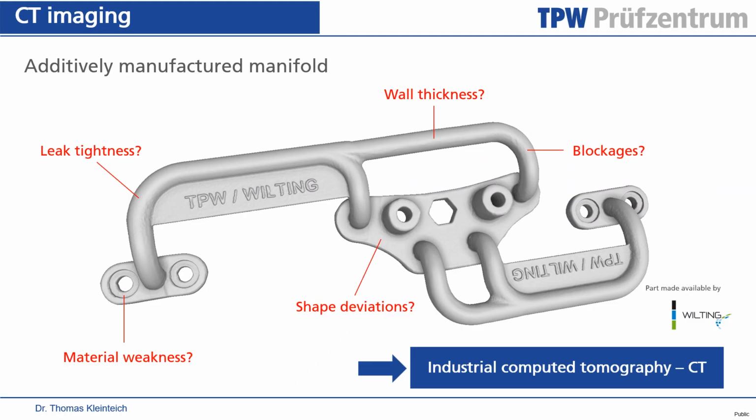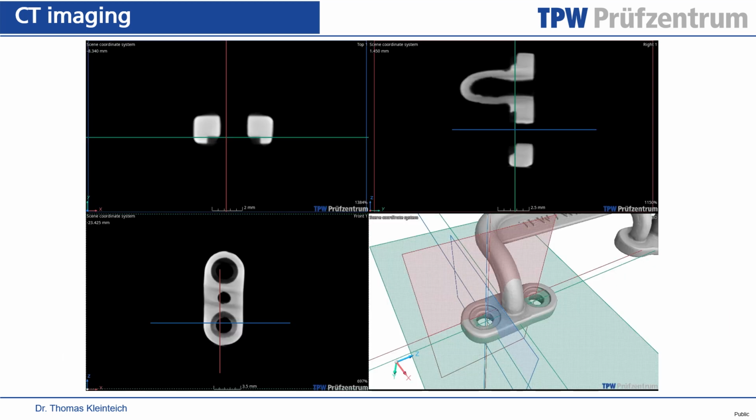To the questions I raised at the beginning of the presentation, where I talked about leak tightness, material weakness, shape deviations, wall thickness, blockages, I already said that this can be answered by using industrial computed tomography. So now, of course, if you have a CT scan of such a part, of this manifold, you can place planes of section in regions where you are concerned about potential weaknesses.